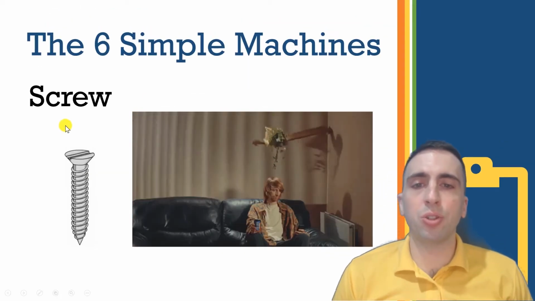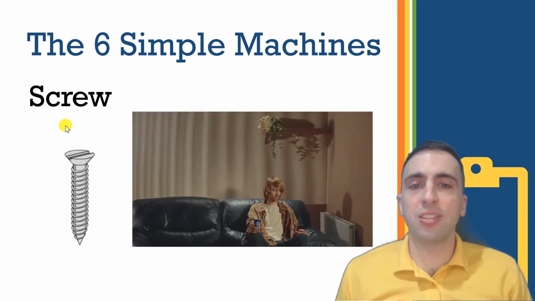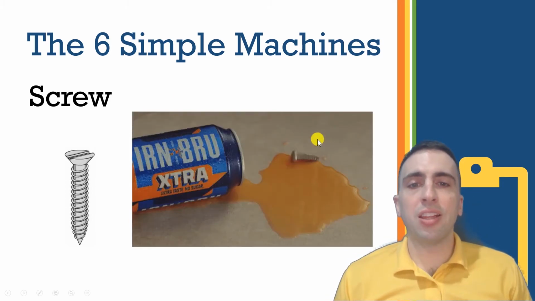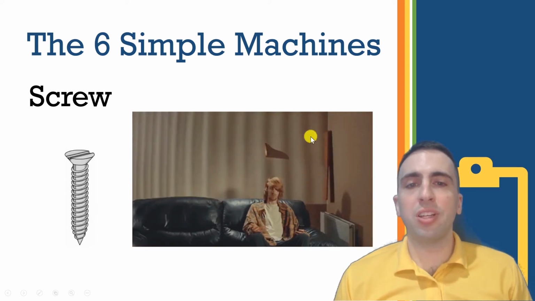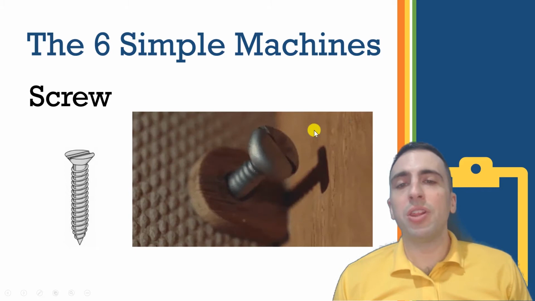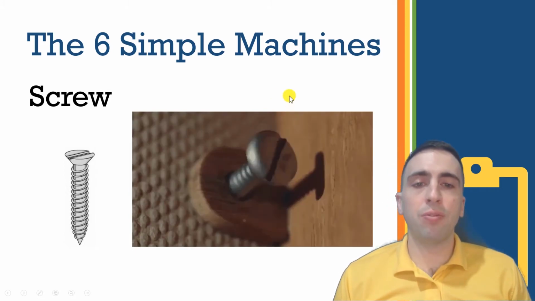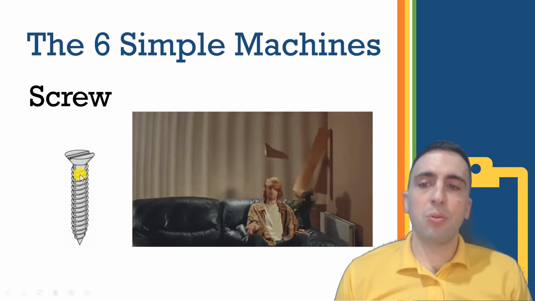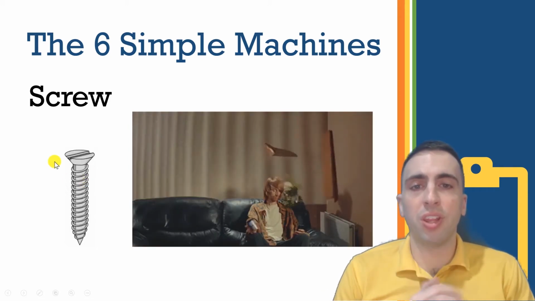How do we use a screw? We use a screw to hold things in. Look at this. We are using a screw to hold in this shelf. When the screw falls out, what happens? The shelf falls down. We can use a screw to hold things in.